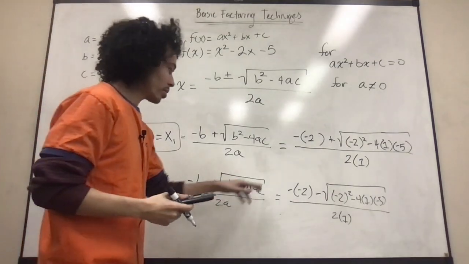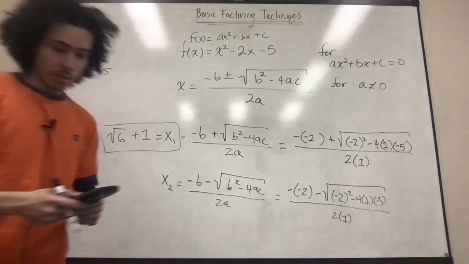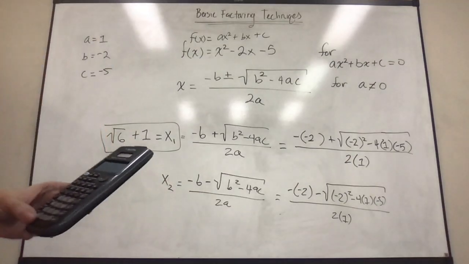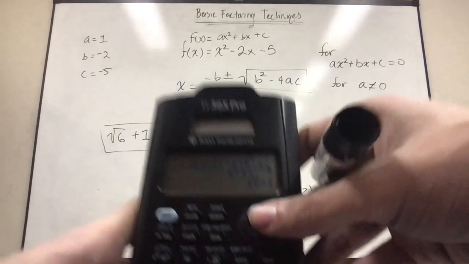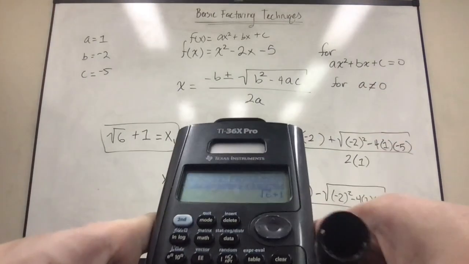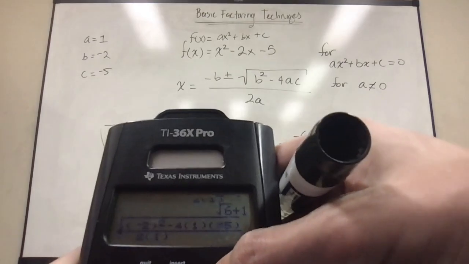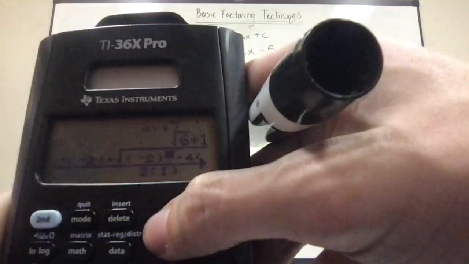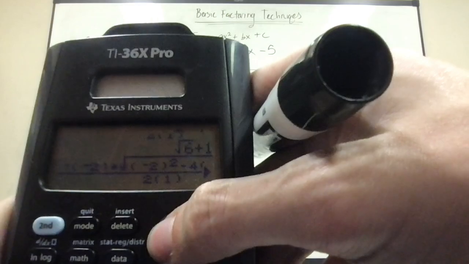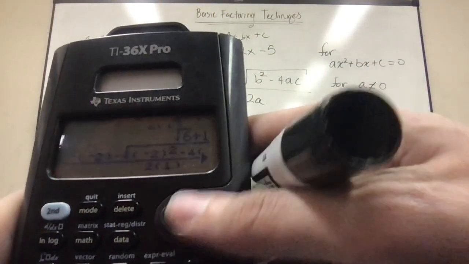Now we're gonna plug and chug and do it for this one as well. Because it's essentially the same formula, you're just gonna go all the way to that sign there and make it a negative.